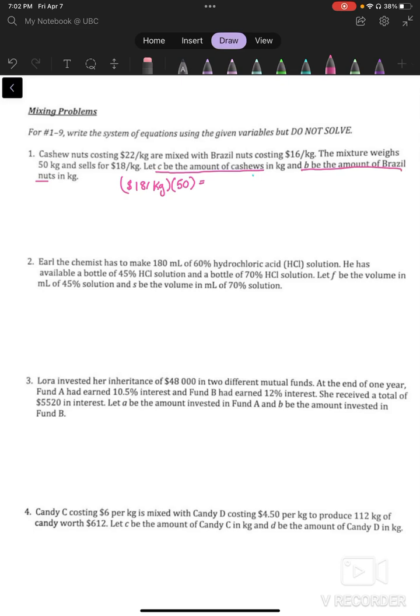So I'm going to multiply the 18 by 50 and find that the entire mixture costs $900.